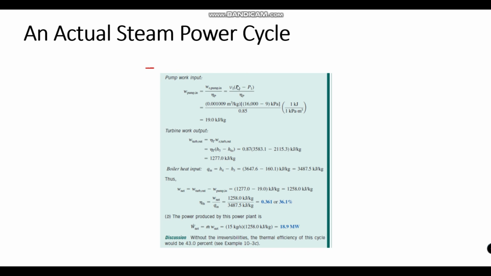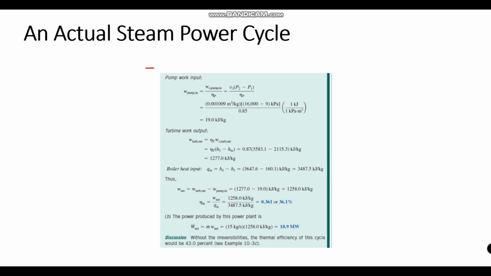So we have the pump, but we know that some part of the energy is lost to the environment. So we're using the efficiency of the pump, which is 85%, which means that we are giving more energy to the actual cycle compared to the ideal.